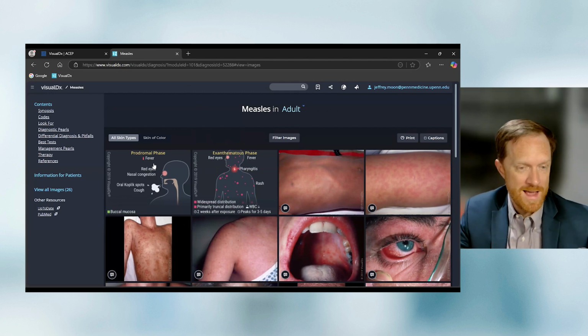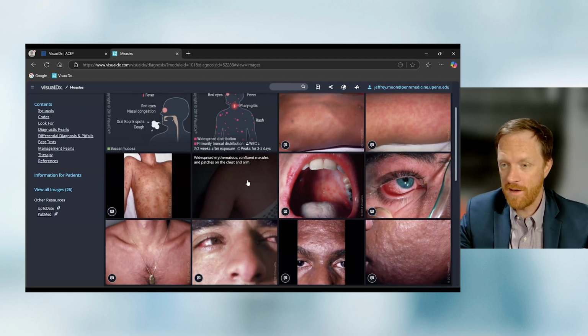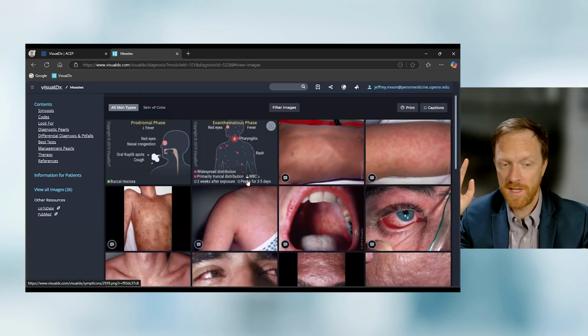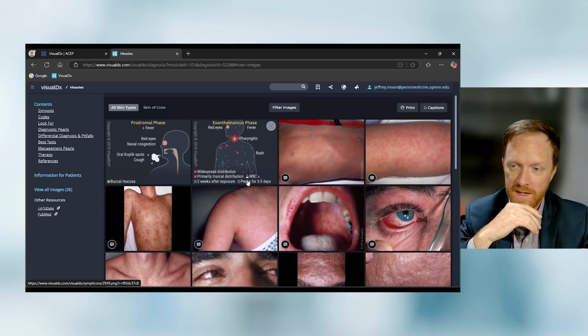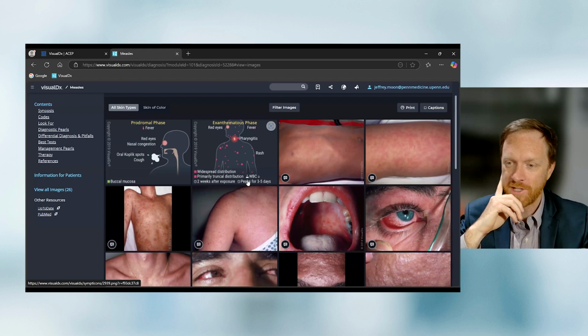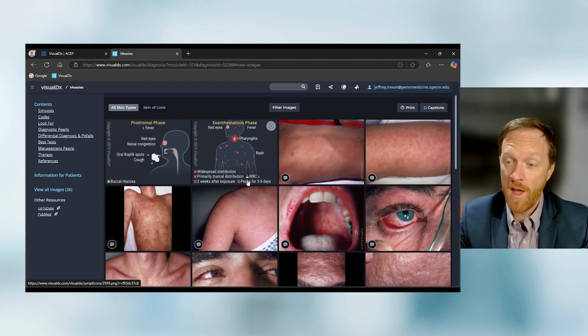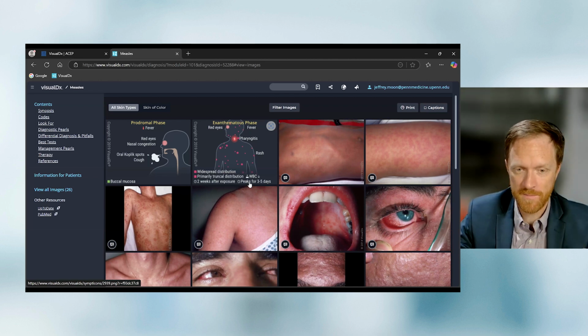You have high quality images here, really the most of anything that I'm familiar with by any resource. Like I use UpToDate certainly, as I think a lot of my colleagues do. But when I read about a maculopapular rash that spreads downward after about 7 to 10 days of symptoms, and it could be palms and soles, it may not be, but it's one of the few, my mind's eye has trouble picturing a lot of that stuff. But I know what room 17 in the ED has. I know the rash that they may have.